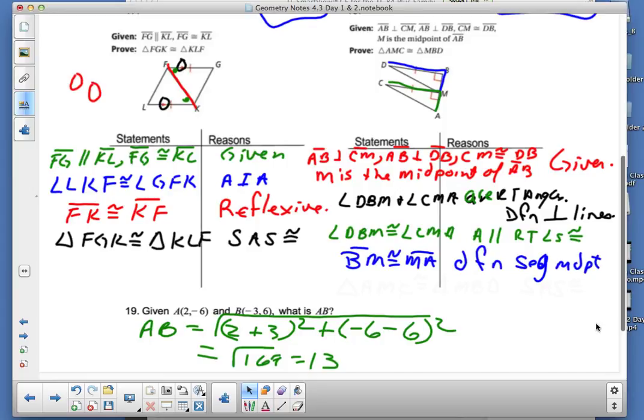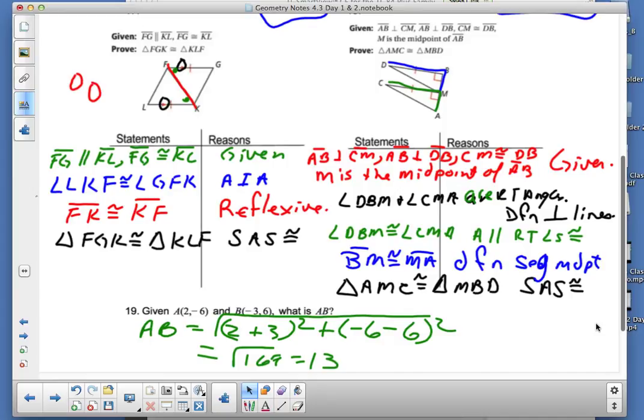But now I look at my diagram again, and I've got it marked. So I've got a side, an angle, and a side. So I've got my triangles congruent because of side-angle-side congruence. So I'm good to go. I've got this thing, no problem.